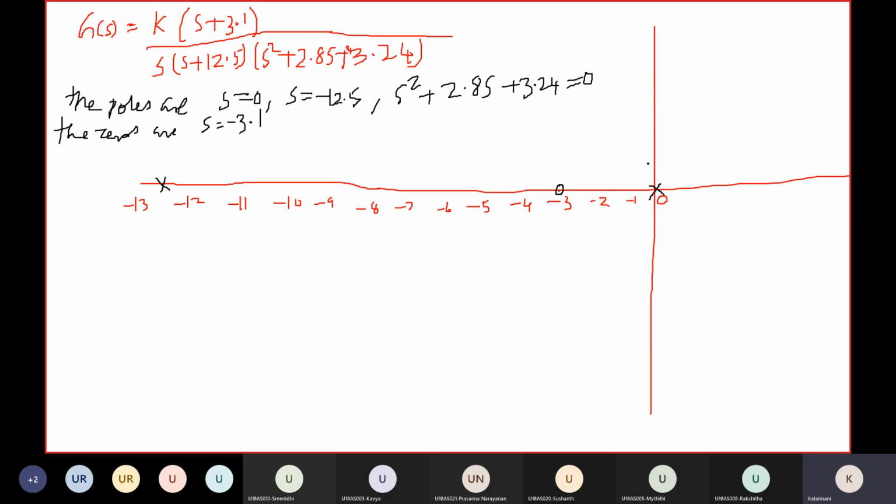This will be minus 1, 1j, 2j, 3j, 4j, 5j. Here minus 1j, minus 2j, minus 3j, minus 4j, minus 5j. So what is the value of roots?